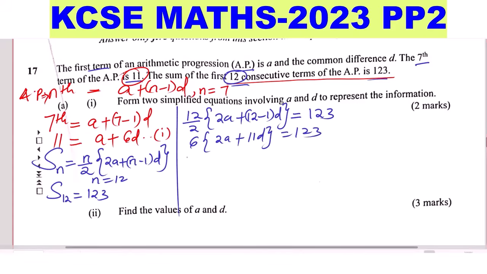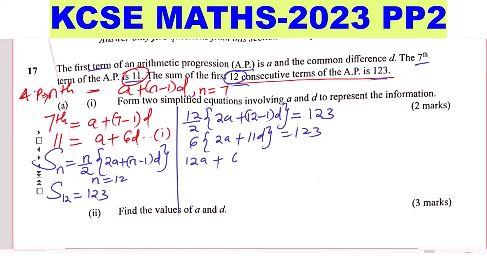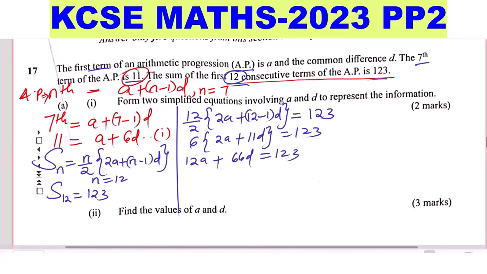So open the brackets, you get 12a plus 66d is equal to 123. You can simplify this by dividing everything by 3, and you get 4a plus 22d is equal to 41. So here you have equation 2.